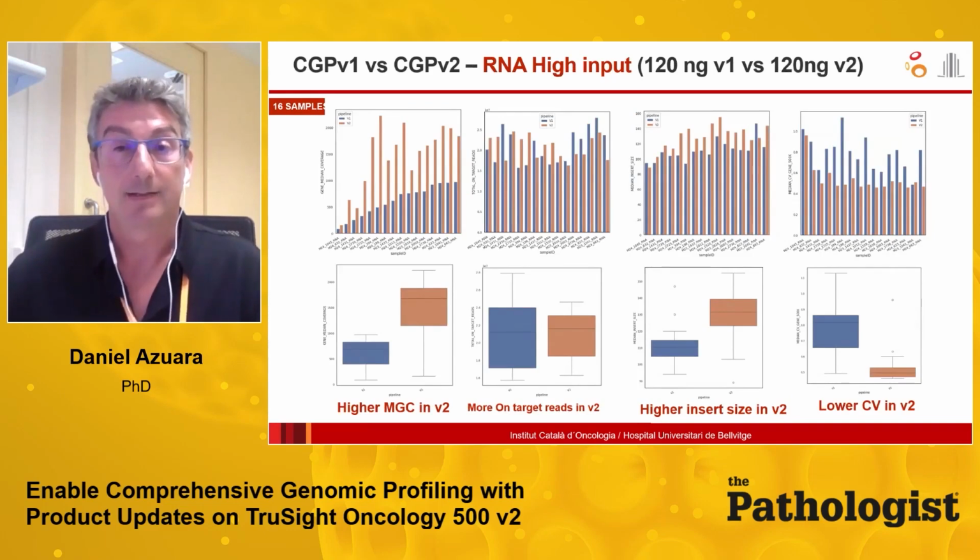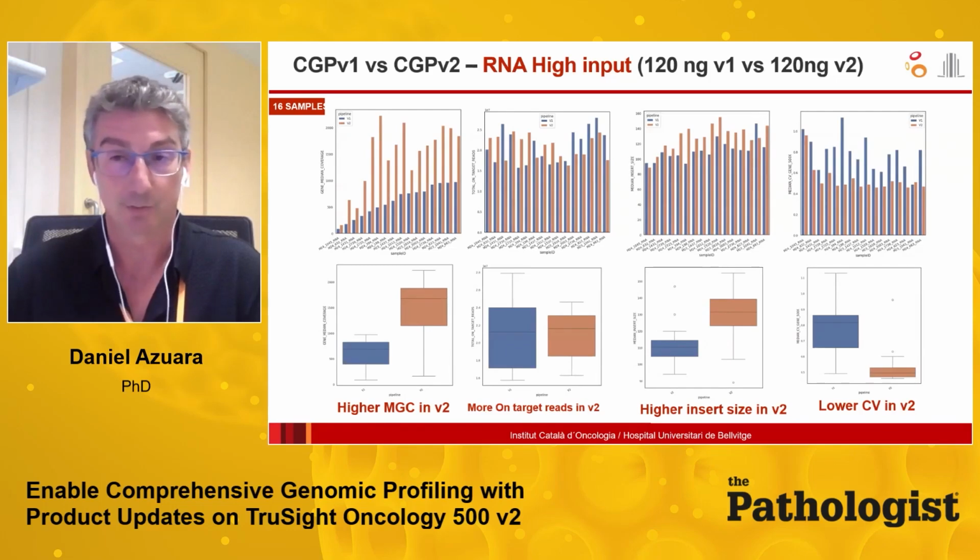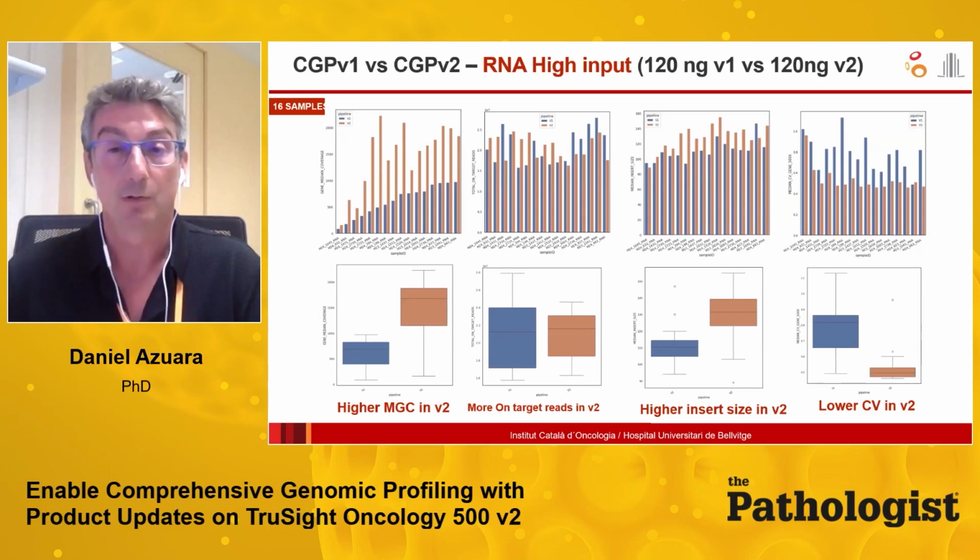Regarding RNA, in the comparison of 16 samples with high levels, 120 nanograms in both V1 and V2, higher median gene coverage, greater on-target reads, and higher insert size were observed in version 2 compared to version 1, along with a lower coefficient of variation, indicating lower variability and more stable expression in V2 than in V1.